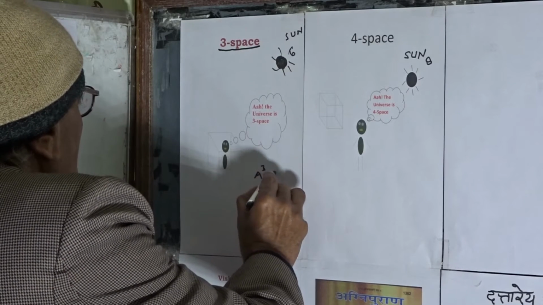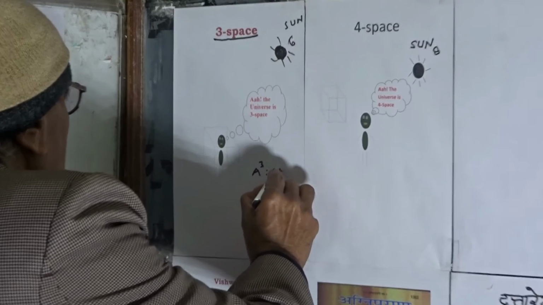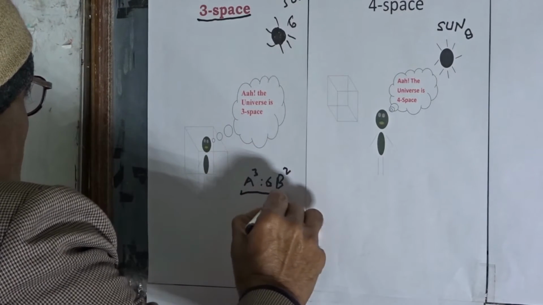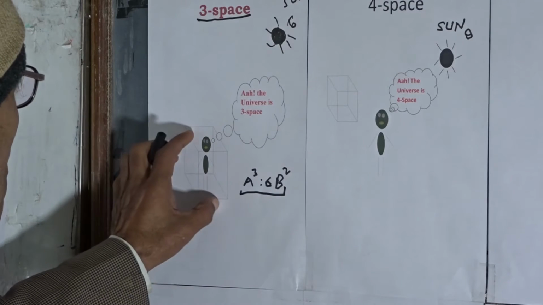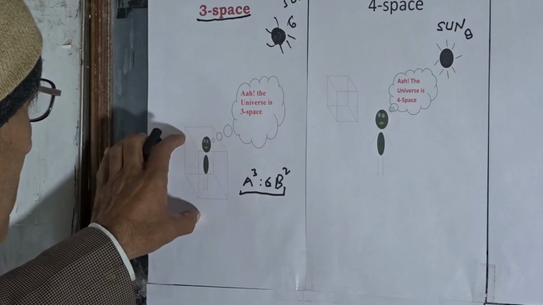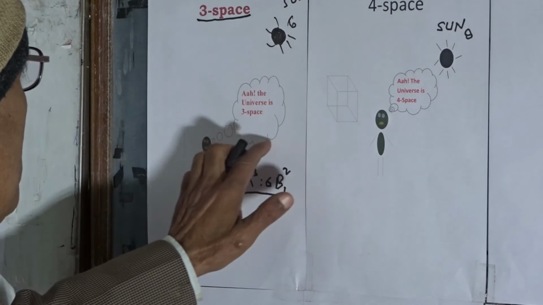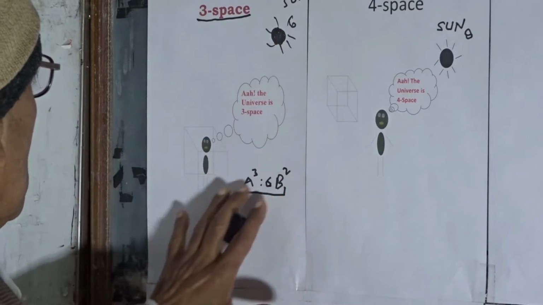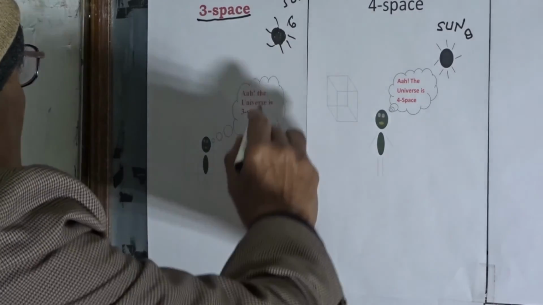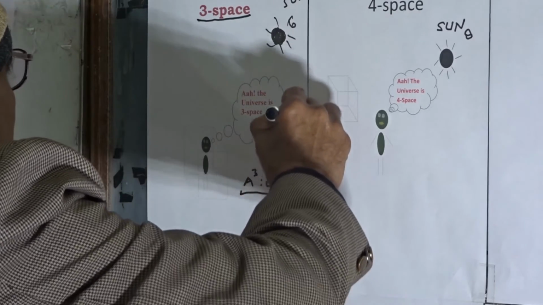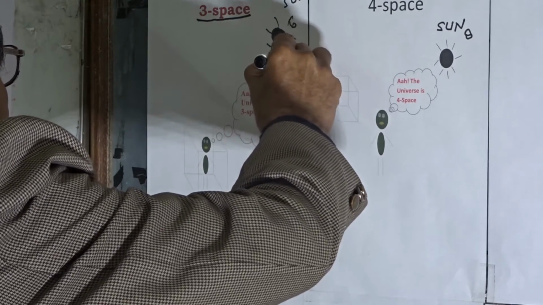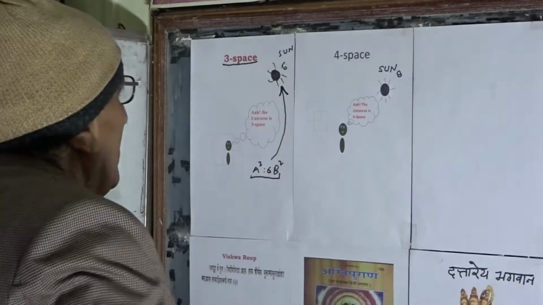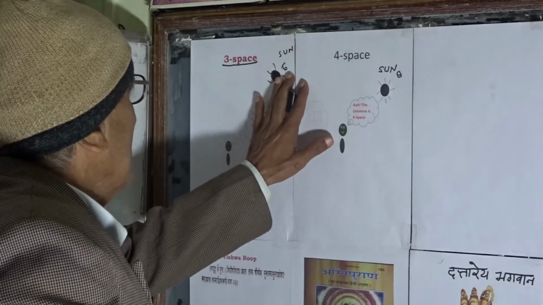A raised to power 3 is to 6B raised to power 2 is the domain boundary ratio of a cube. So when we are within a cube, within a room, our universe becomes a 3-space. It looks like everything is a 3-space, and the 6 boundary components give us a reach for the sun as of the value of 6.